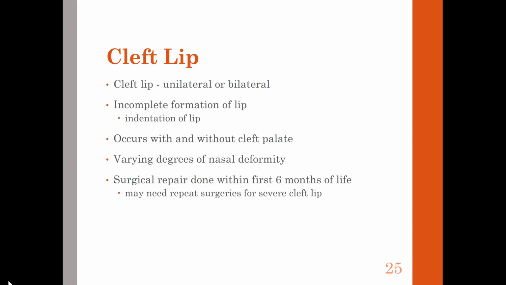But if they can't take anything orally, like if they cannot form a seal for breast or bottle feeding, they're going to get that surgery done earlier than 6 months of life. It's going to be kind of a stat thing. However, if they can form a good enough seal to get most of the breast milk or most of the bottle, then you can wait a little while. And they do have special nipples for these babies.